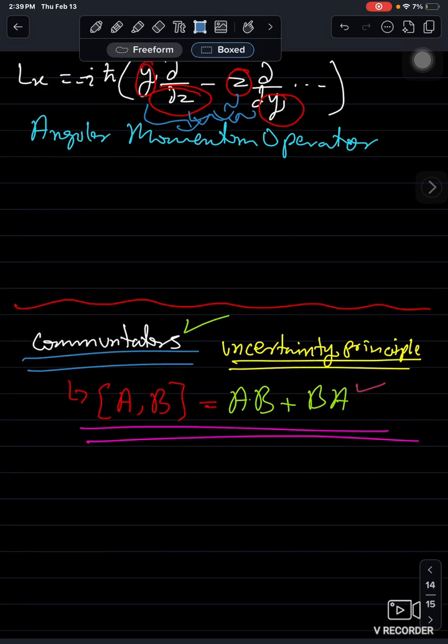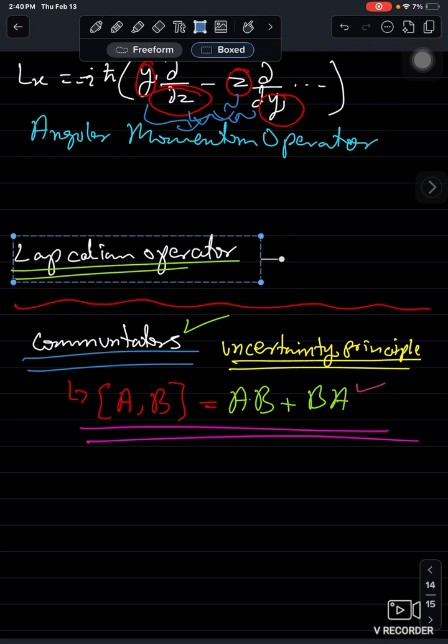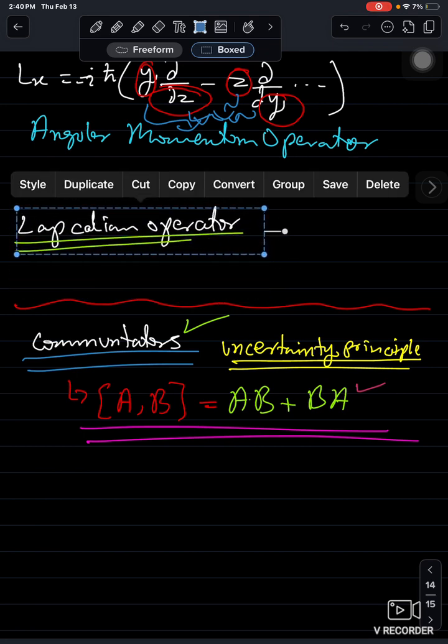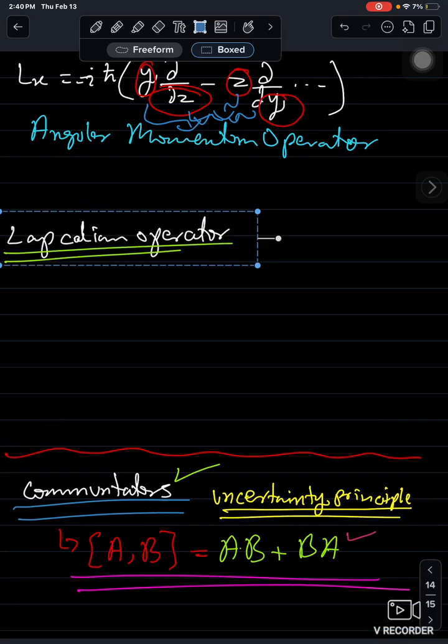Now I just remembered one more operator, known as the Laplacian operator. I don't know how to spell this one. I should have talked about the other one first, which is known as the gradient operator. Sorry, I forgot about this operator.